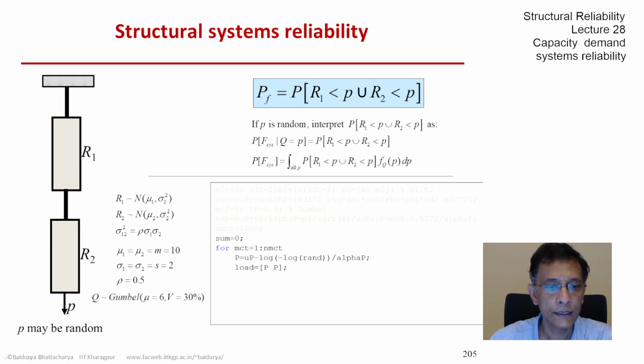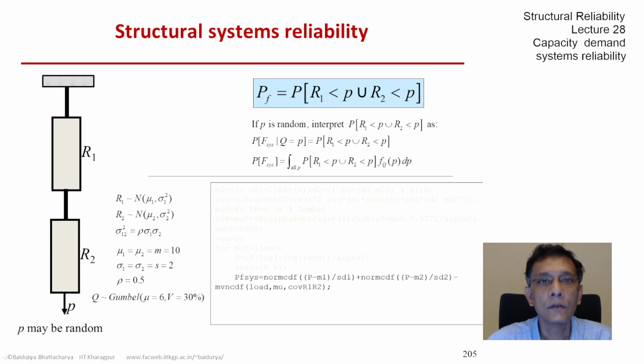Now we are ready to call the normal CDF functions, the same way as we did before. PF is PA plus PB minus PAB, or P of R1 less than P plus P of R2 less than P minus P of R1 less than P and R2 less than P. The first term is the one-dimensional normal integral, the second term is also a one-dimensional normal integral, both evaluated at P. And the third, subtracted term is the bivariate normal CDF.